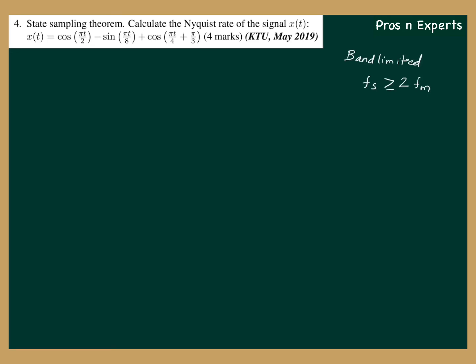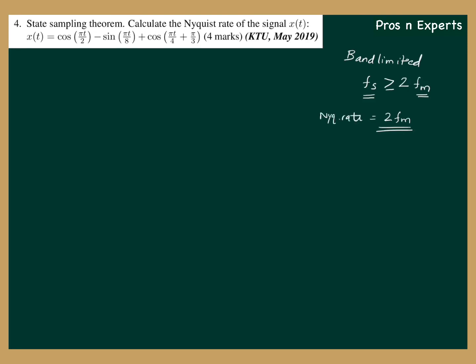Here fs is the sampling frequency and fm is the maximum frequency of the message signal. That is what the sampling theorem says. Now this 2fm, the minimum value of the sampling frequency, is called the Nyquist rate.